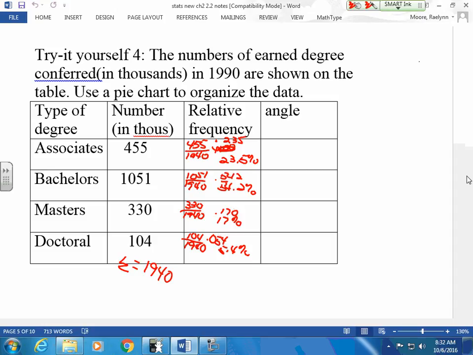And make sure that this is approximately 100%. If you want your angle again, take your decimal and multiply it by 360. Some people use angles to make their graphs. In the business world, you probably won't. Because this is what they're looking for, percents.